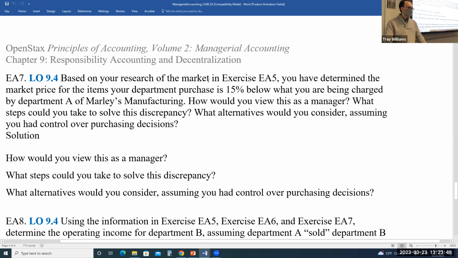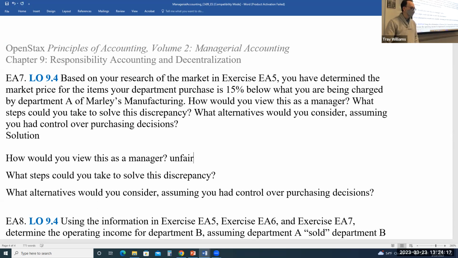So now 7 says, based on our research, we determined that the market price for what we buy from Department A is 15% below. So in other words, what's available out in the market is 15% less than what we're paying Department A. Again, that wouldn't be fair, right? I think we did answer these questions, didn't we? How would we view this as a manager?